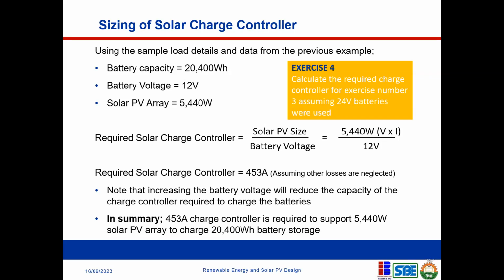So what is this charge controller that we are going to be needing, assuming you have a 24-volt system? Do we have answers? 113.33 amps. Correct. So that's correct. It's a simple calculation that needs to be done.